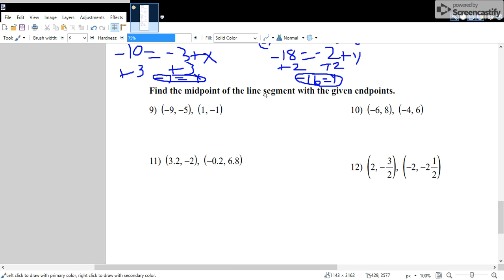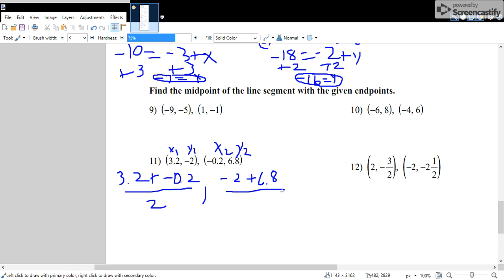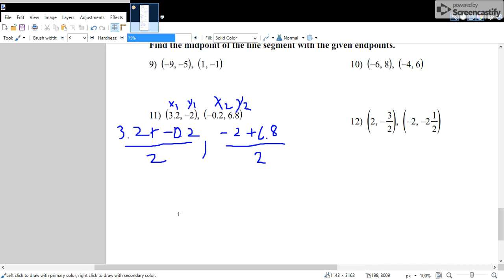Find the midpoint of the line segment with the given endpoints. Let's do the one with the decimals. Label, plug it into the formula. So this would be 3 over 2.